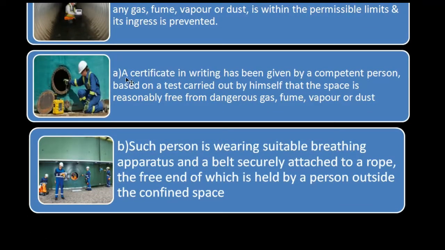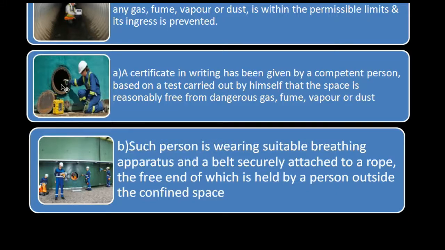Clause A. A certificate in writing has been given by a competent person, based on tests carried out by himself, that the space is reasonably free from dangerous gas, fume, vapor or dust. As you can see in this image, a competent person is testing the atmosphere inside a confined space. He is basically checking the concentration of the gases and the oxygen present inside.